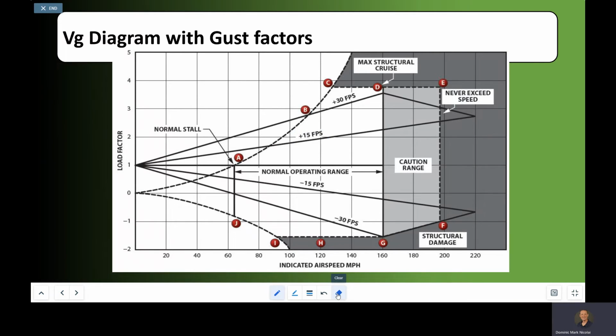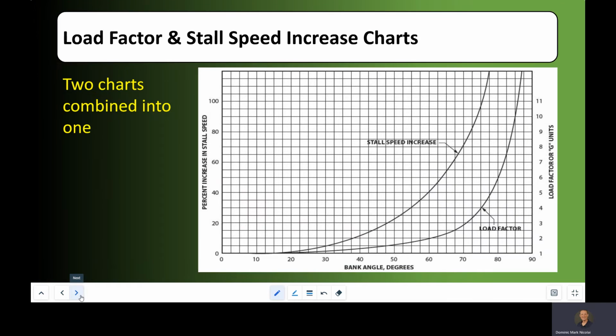At present time, the FAA does not ask you any questions on those gust factors. They simply ask you, what is point C? What does point D to G represent? What's E to F represent? Those are the type of questions they ask you here. So no worries with that one.